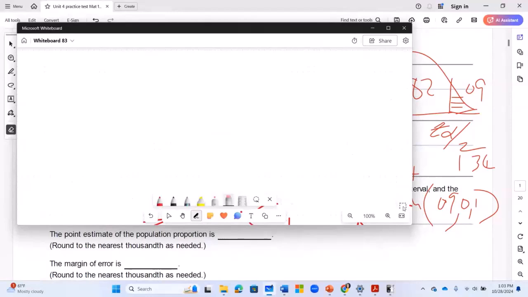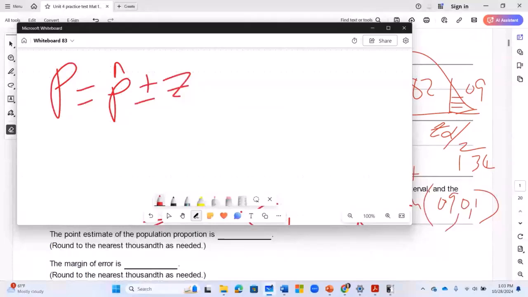The population proportion p is equal to the point estimate plus or minus Z alpha over 2 multiplied by the standard error, which is the square root of p hat q hat divided by the sample size.